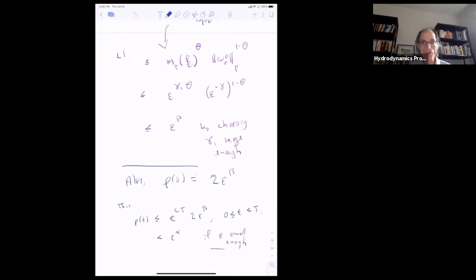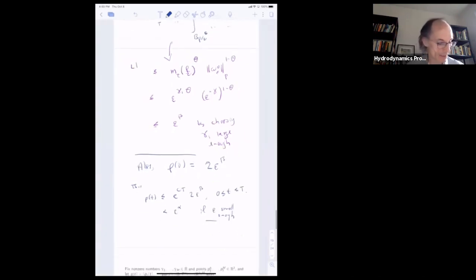Okay, and so what we've shown is that any point in the support of the initial vorticity strays less than epsilon to the alpha from the center of vorticity at later times, at any time in this time interval from 0 to capital T.